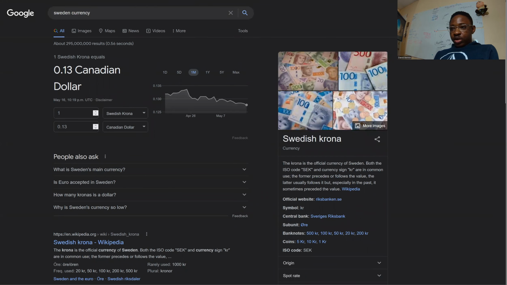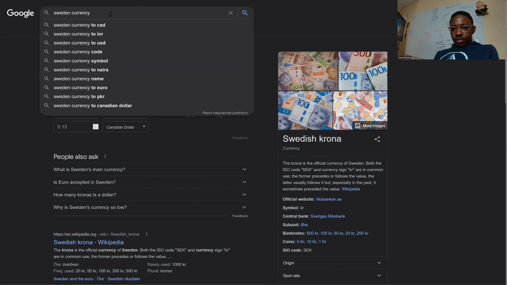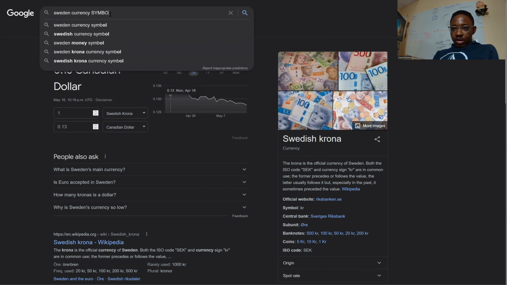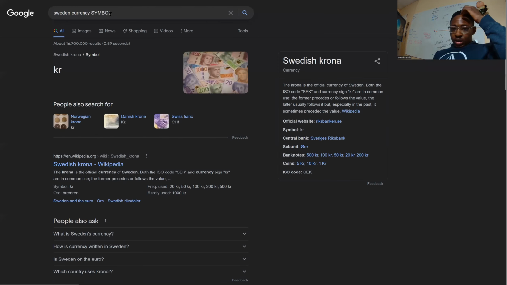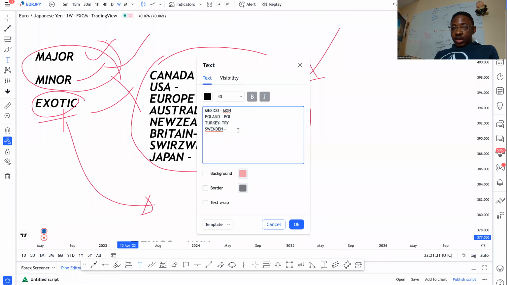Yes, so that was right, Swedish krona. I even forgot it. It's not something that's popular. Yes, I think I remember now. It's represented as SEK, Swedish krona.